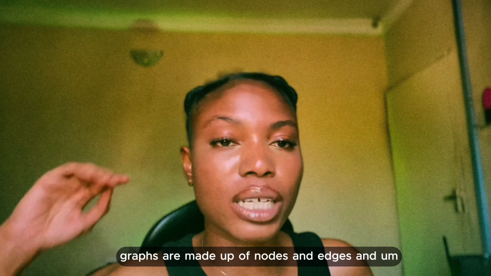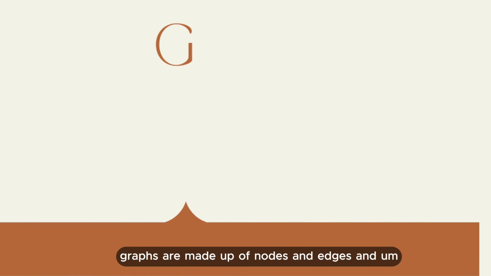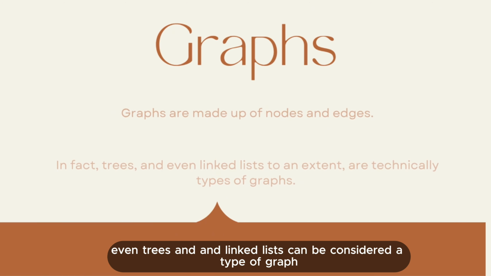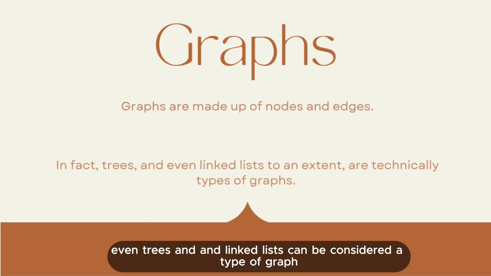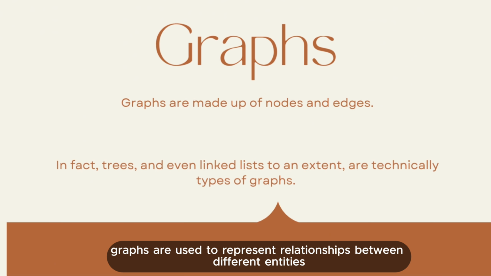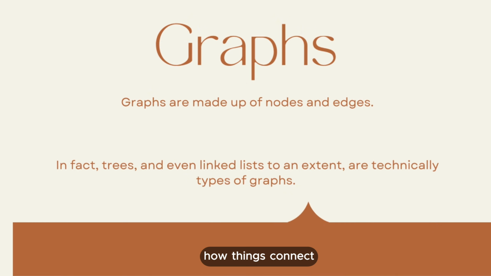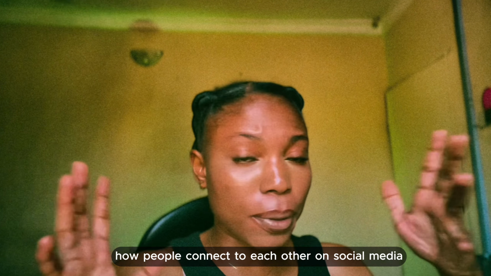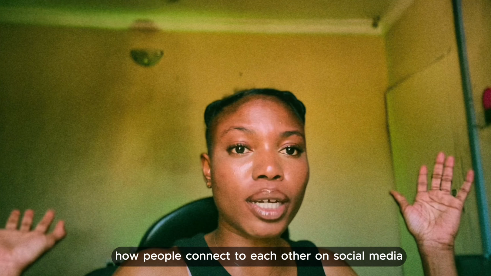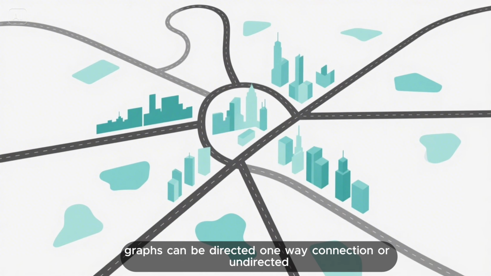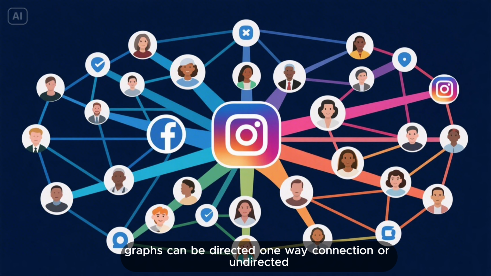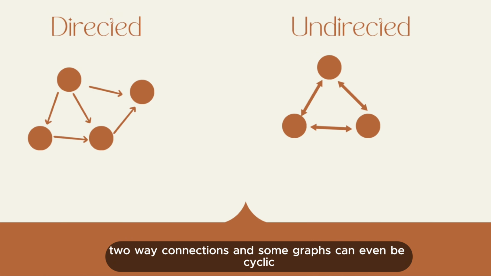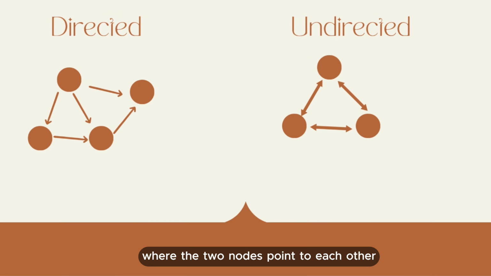Like trees, graphs are made up of nodes and edges, and even trees and linked lists can be considered a type of graph. Graphs are used to represent relationships between different entities, how things connect. For example, how cities connect to each other by road, how people connect to each other on social media. Graphs can be directed, one-way connections, or undirected, two-way connections, and some graphs can even be cyclic, where two nodes point to each other.